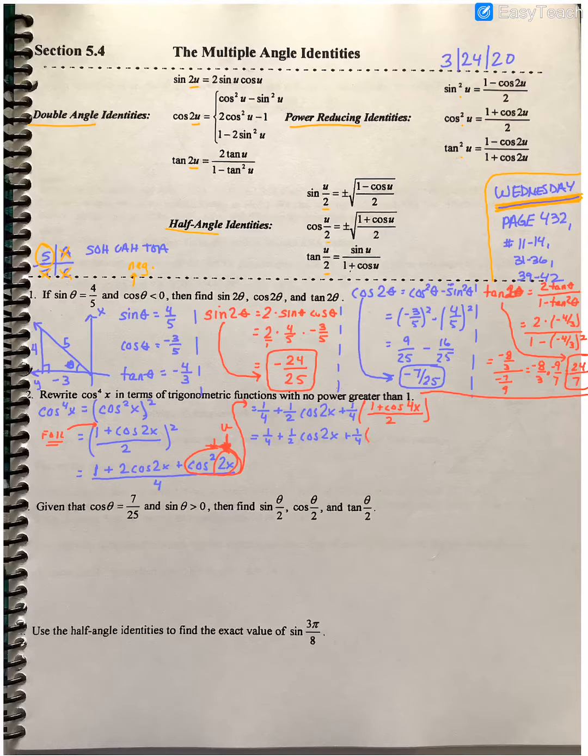So I'm going to put that 2 into both denominators. So it's going to be 1/2 plus cosine 4x over 2, which in this situation I'm going to pull that 2 out front as a 1/2 cosine 4x.